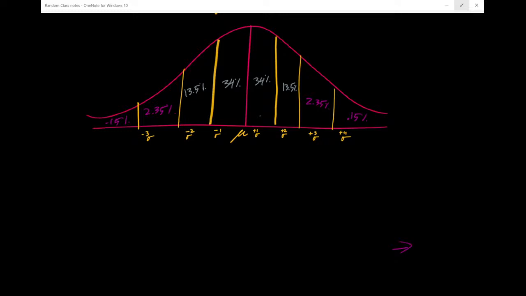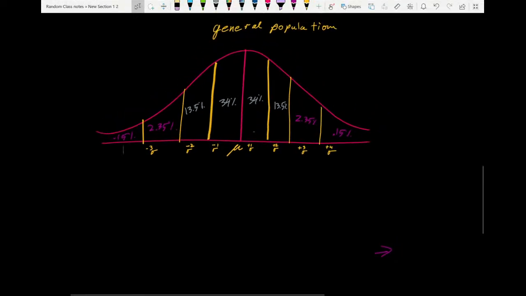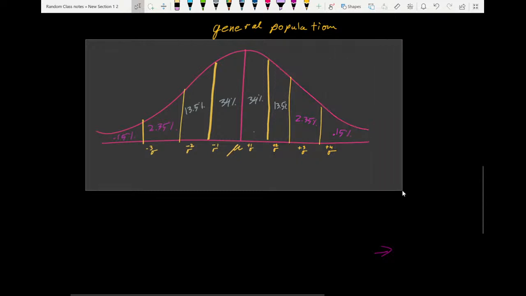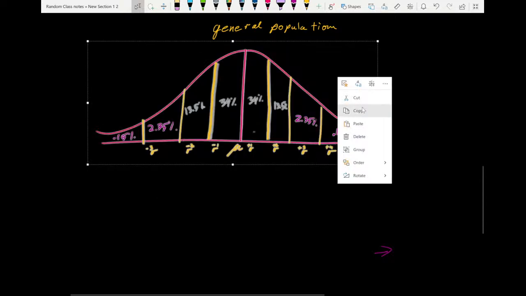All right, so let's open up the question. Let's look at number 5. What I'm going to do is copy this over and over again because we're going to use this.